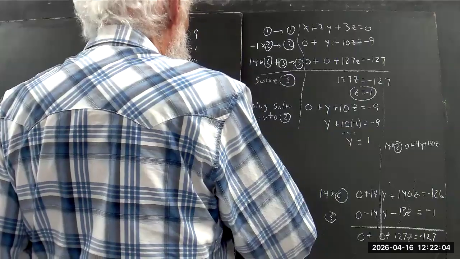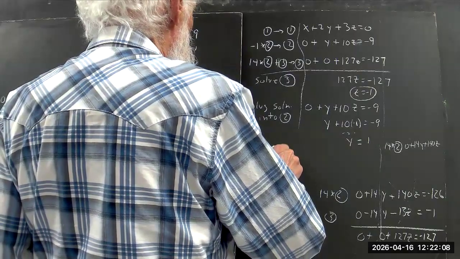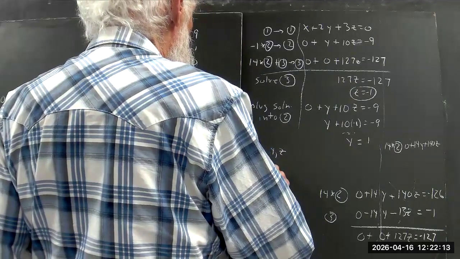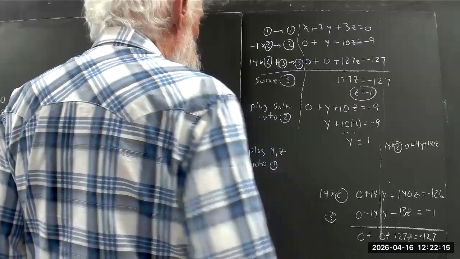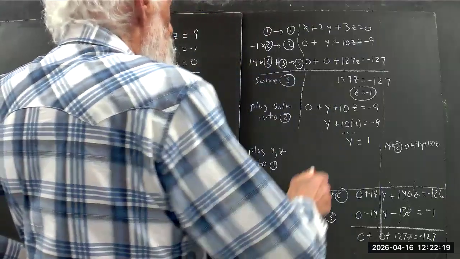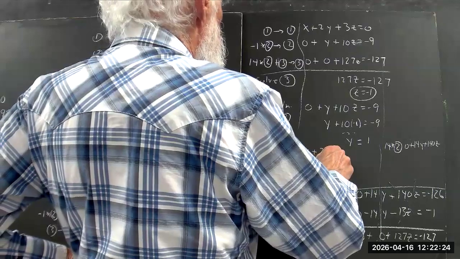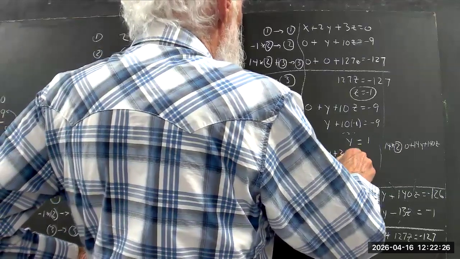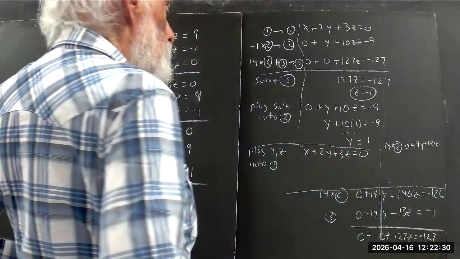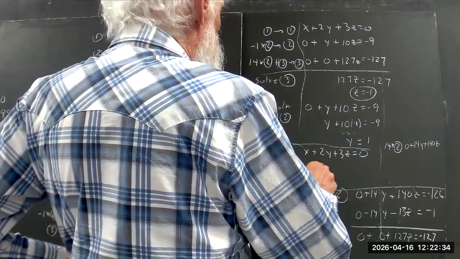Okay, now plug y and z into equation 1. Equation 1 is x plus 2y plus 3z equals 0. Don't know x yet.